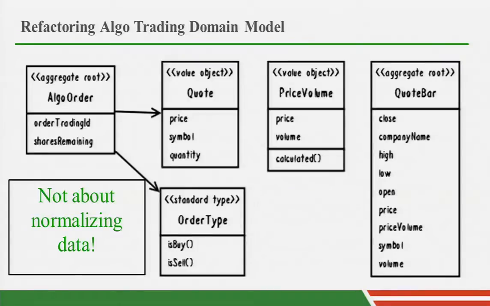So this algo order holds a quote. We also have a price volume that's used in calculations. We have this quote bar aggregate that's much better tuned for what it actually does now. And we actually have an order type which allows us to distinguish buy orders from sell orders, which before was not really explicit.